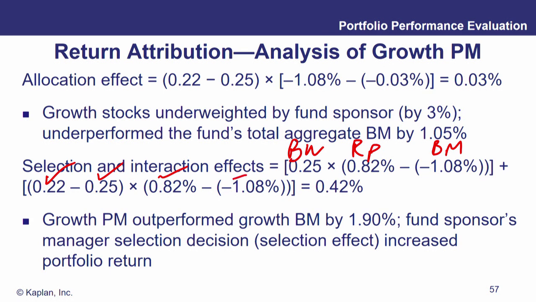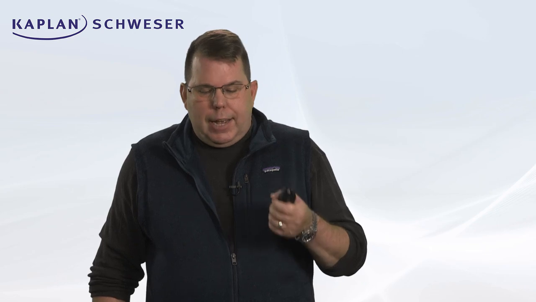We're going to subtract the actual growth benchmark return, and we come up with 0.42%. So the growth portfolio manager outperformed the growth benchmark substantially by 1.9%. So the fund sponsor's manager selection decision increased portfolio return in this example.